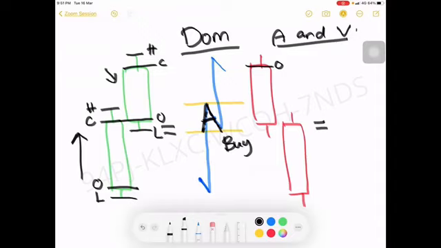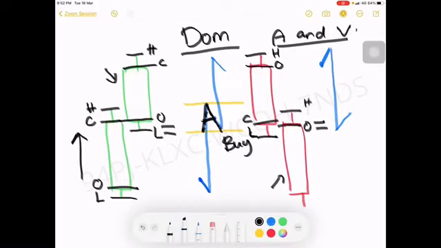When the trend is going down, it must go up first. So it's going to go to the high first, from open to the high, and then low, and then close. It's going to do the same for this one as well: open, high, low, close.